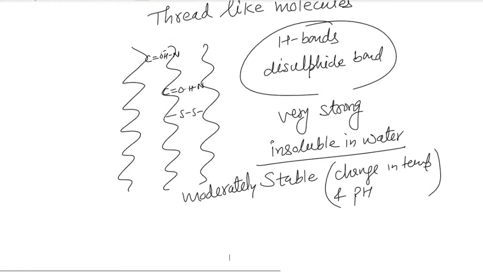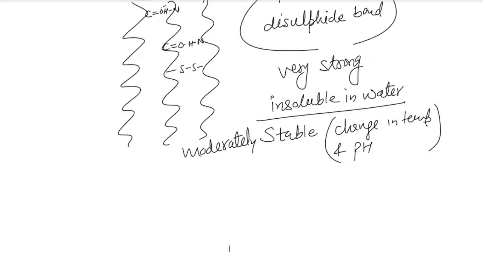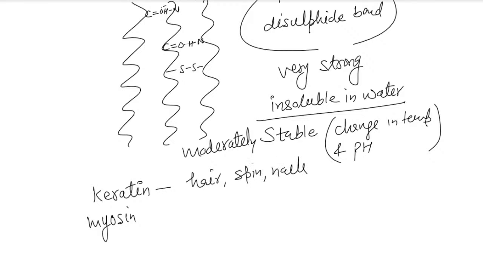Can you guess one example? Best example is keratin and myosin. Keratin in hair, skin, even nails, and myosin in muscles.